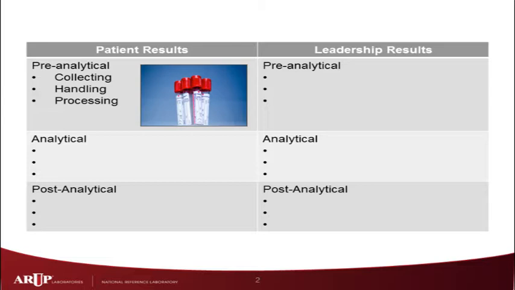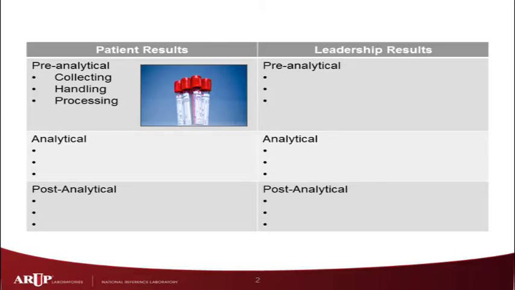Handling, of course, is critical to accurate laboratory results. Specimens are transported to the laboratory in a timely manner at the correct temperature, and in some cases we make sure they're protected from light. We also protect specimens so they don't leak or break.